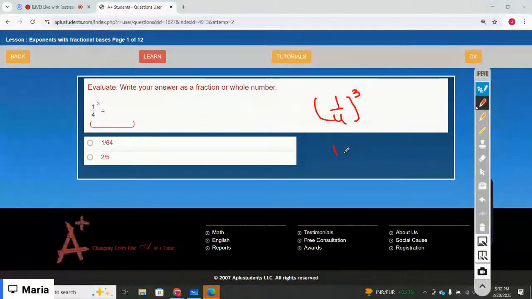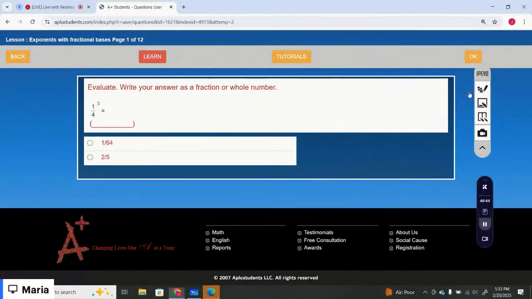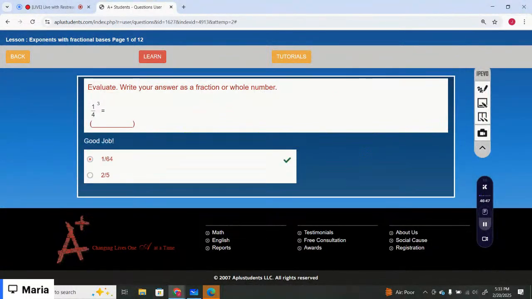So you can evaluate it like 1 times 1 times 1 divided by 4 times 4 times 4. That is 1 over 64. Option number 1 is the correct option.